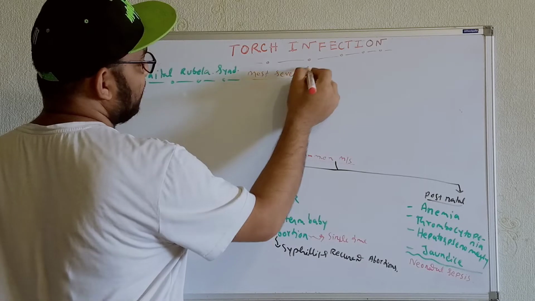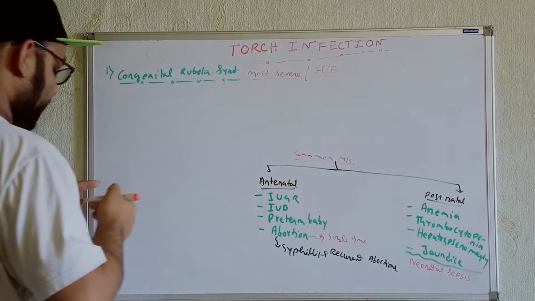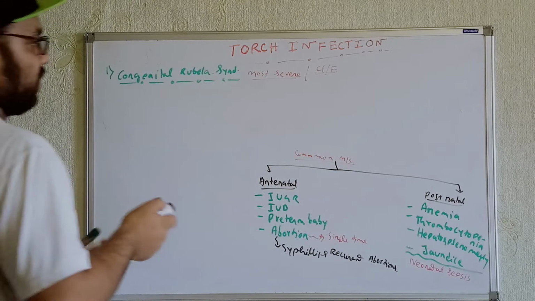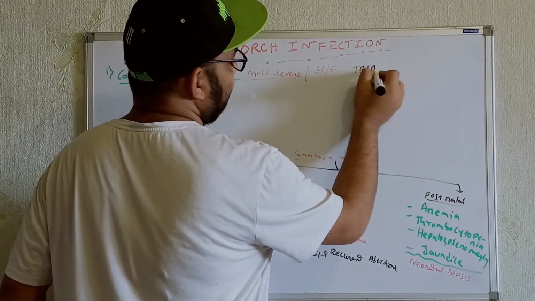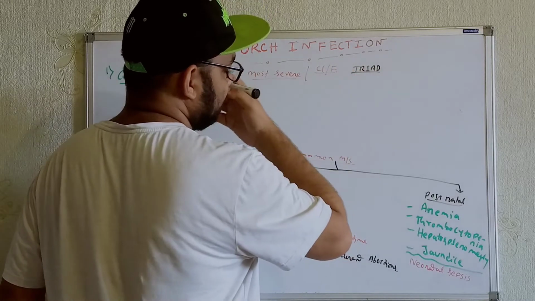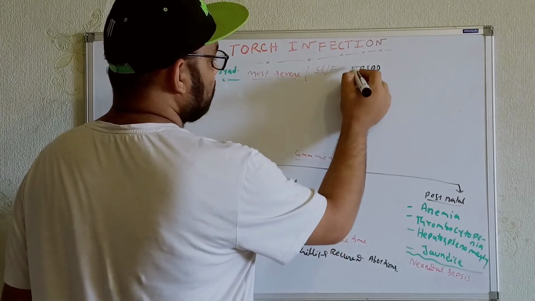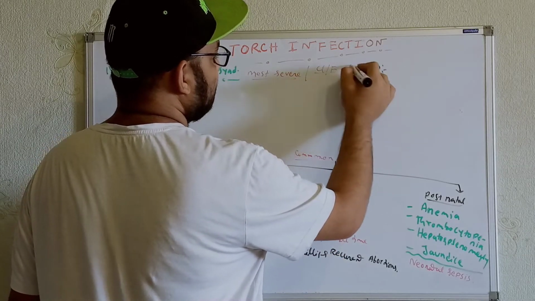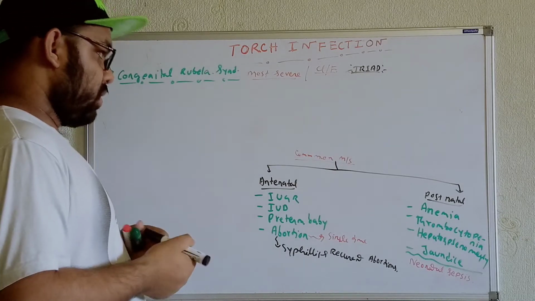If you talk in terms of the clinical manifestations, we can get a triad over here. Now see, whenever we are talking in terms of the triad, what type of problem will we see in this infection, that means in the congenital rubella syndrome?